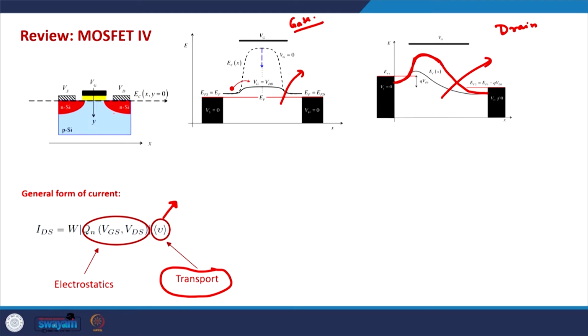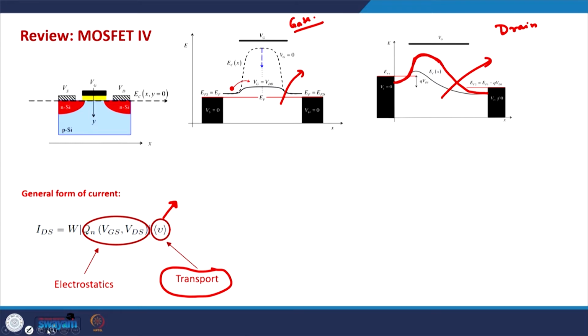If we draw the band diagram of this device, this barrier appears naturally, but it can be manipulated by applying a gate voltage and drain voltage, and that is how we can induce current in the MOSFET.